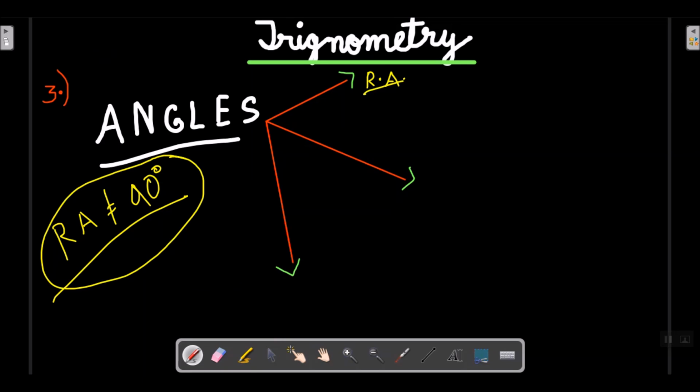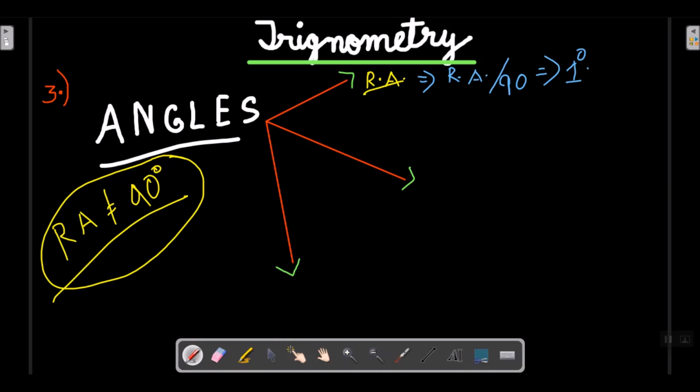Yeah, so we have a right angle, and if we go further and just take this right angle and divide it into 90 equal parts, then one part is 1 degree. Yeah, so that one right angle divided into 90 parts gives 90 degrees. So that's the thing to remember about the first type, the right angle.